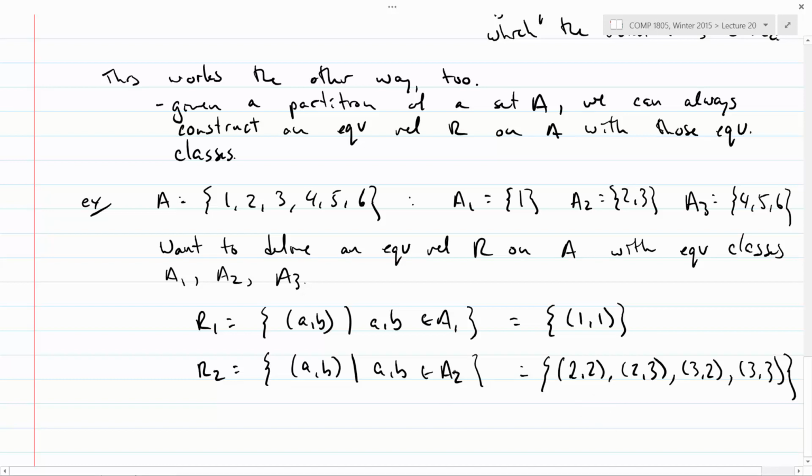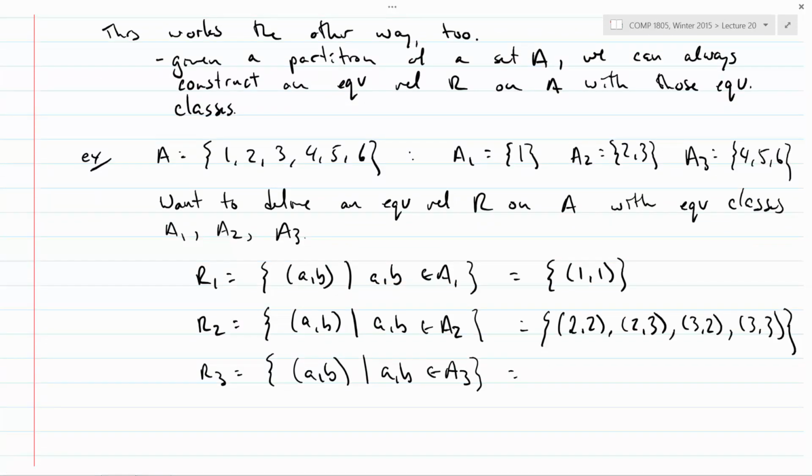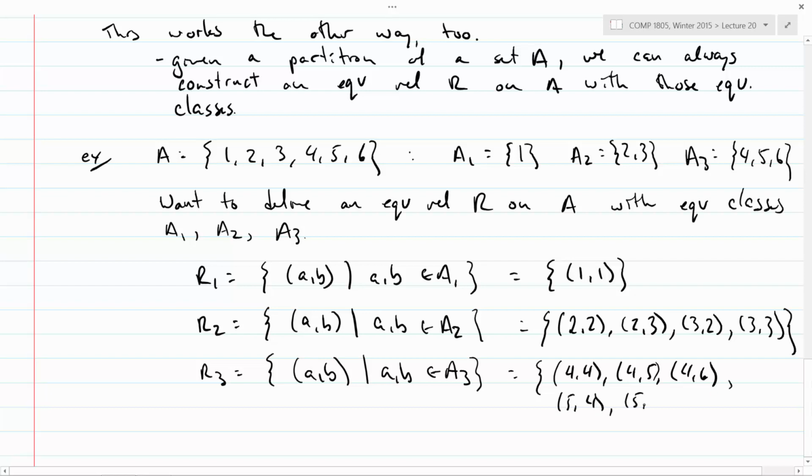All right, so now we'll go on to R3. It's the exact same trick. (a, b) such that a and b are in A3. And how many things are going to be in this one? 9, exactly. So this is a little bit more work now, so I like to go carefully and in order. So I'll start with the 4s. I get (4, 4), (4, 5), (4, 6), (5, 4), (5, 5), (5, 6), and (6, 4), (6, 5), (6, 6).